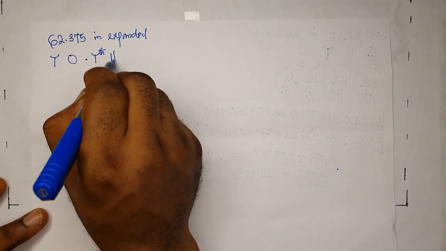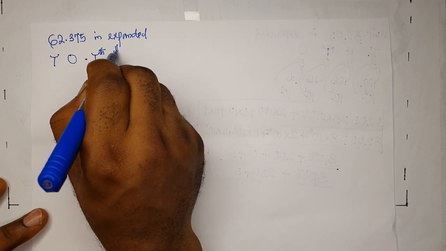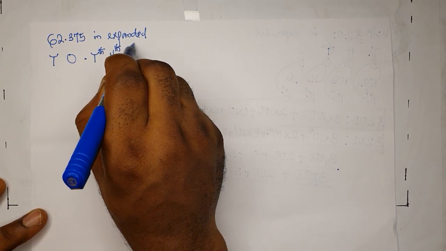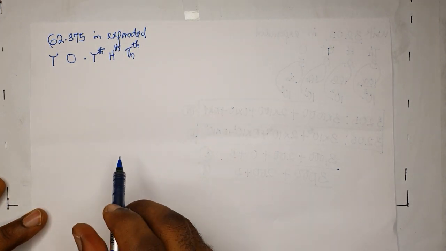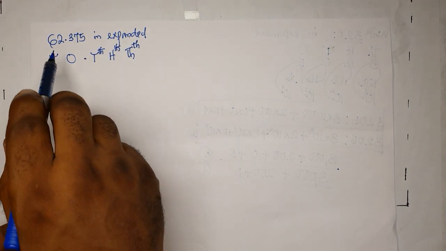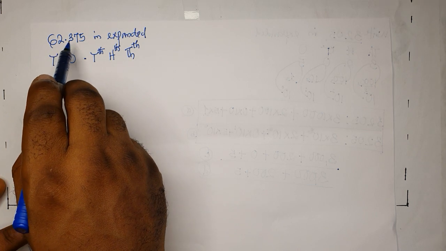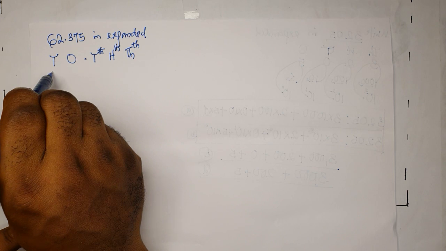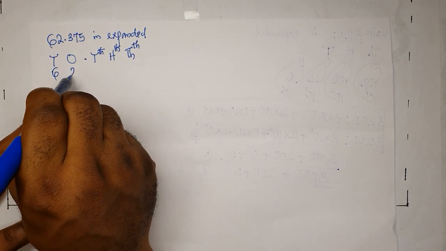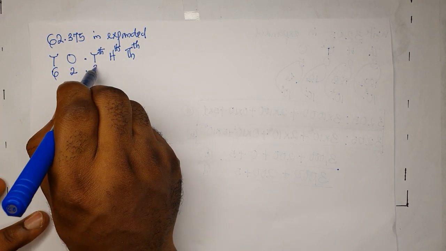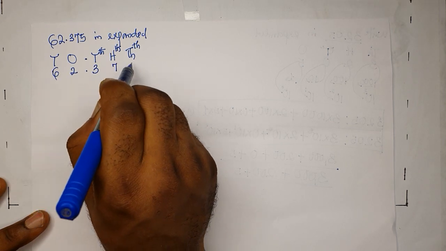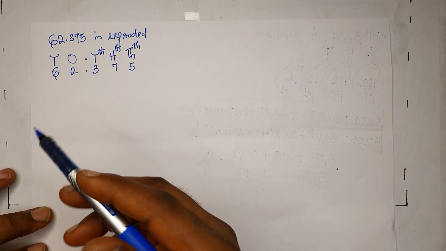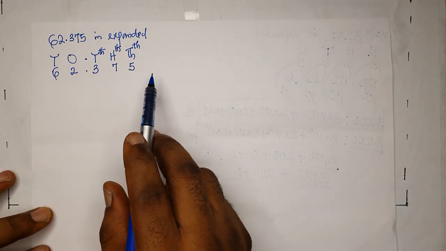Then comes your hundredth, written as H and TH, and then comes your thousandth, written as TH and TH, expressed above it. So placing 62.375 in this chart will make it appear this way: 62.375.